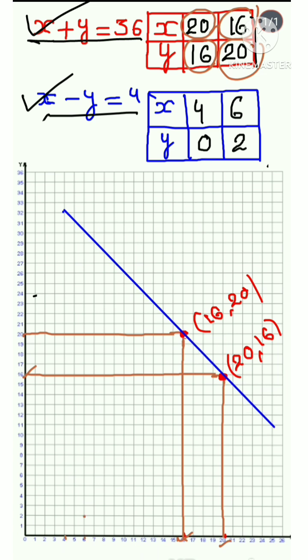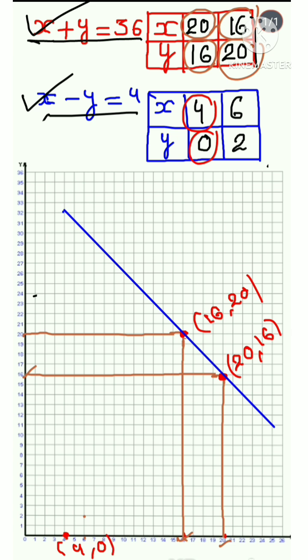Now in the second equation, the first value of x is 4, 1 2 3 4 over here, and the first value of y is 0, so the point should be plotted over here. The x coordinate is 4 and the y coordinate is 0.